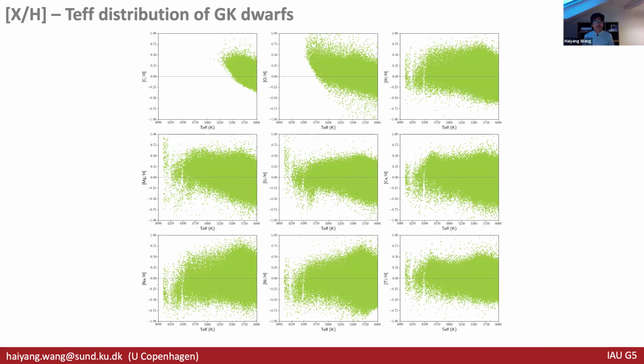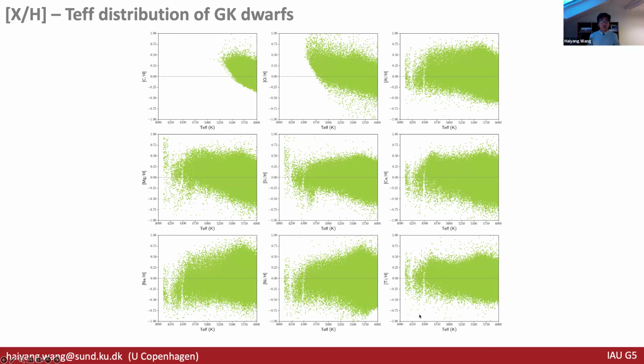Yeah, you might see here. This is from the GALAH database. They do show a trend, particularly for carbon abundance, even though not for most of the other elements.